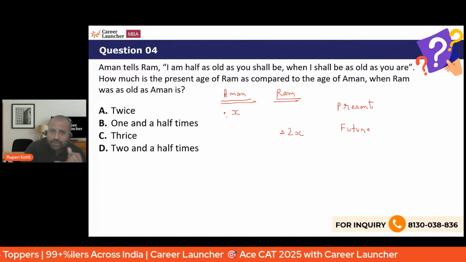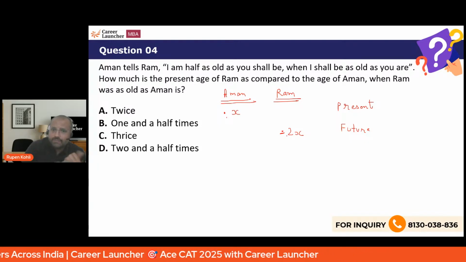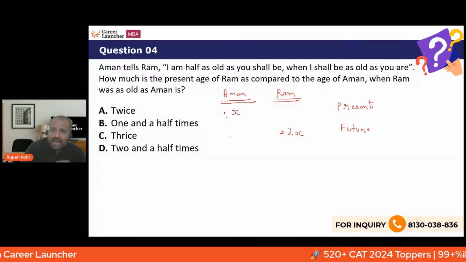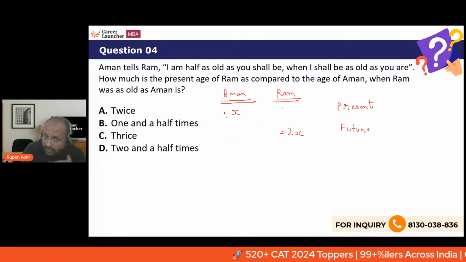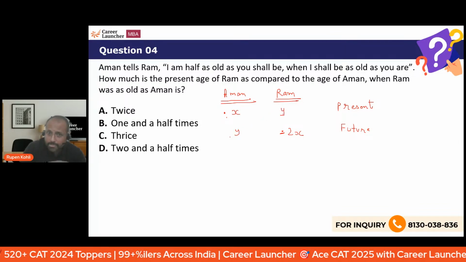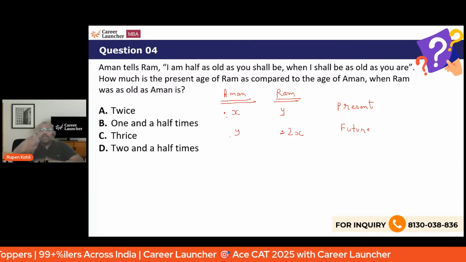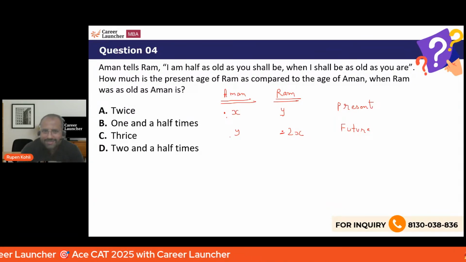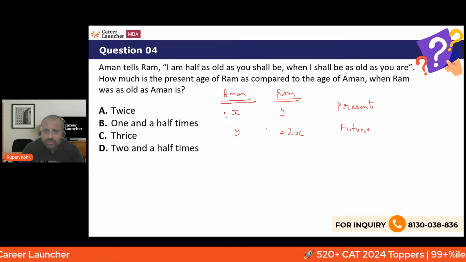I am half as old as you shall be, when I shall be as old, now he's talking of his own future, as old as you are, the other person's present. Means these two are equal. So this is, let's say, some y, and this is some y. Can I say this is the meaning of the statement, the mathematical way to express it? This is half of this, and these two are equal.